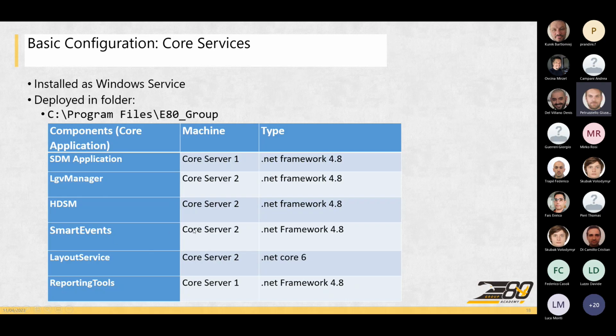Smart Event is on core server 2, and like LGV Manager and HSM, it's based on .NET Framework 4.8. The Layout service is on core server 2 and based on .NET Core 6, and the reporting tool, as we saw before, is on core server 1 and based on .NET Framework 4.8.